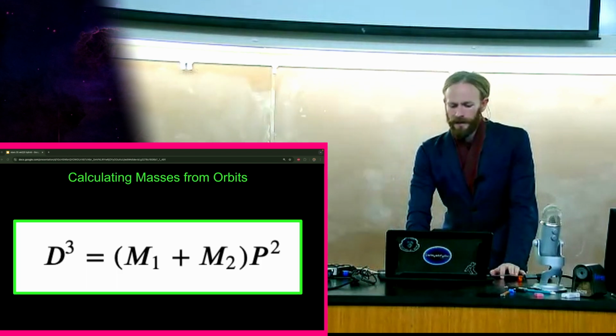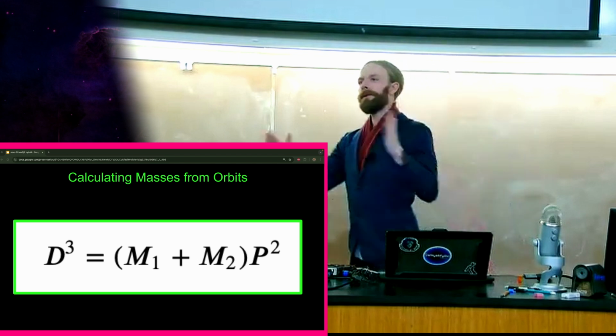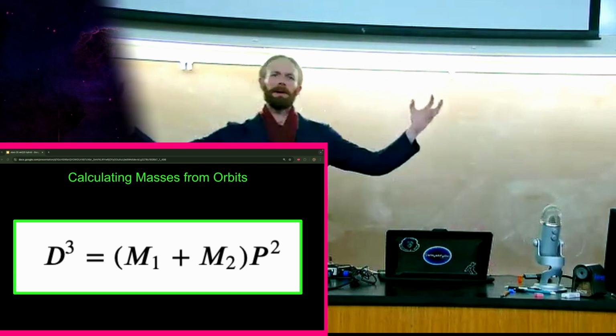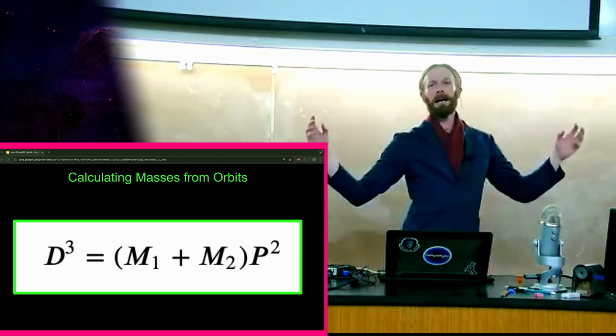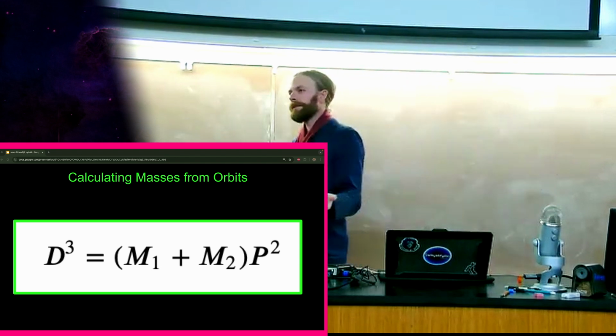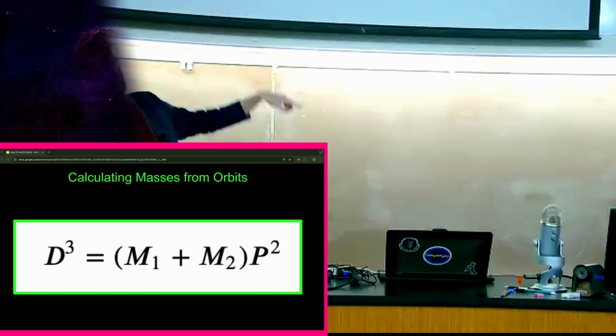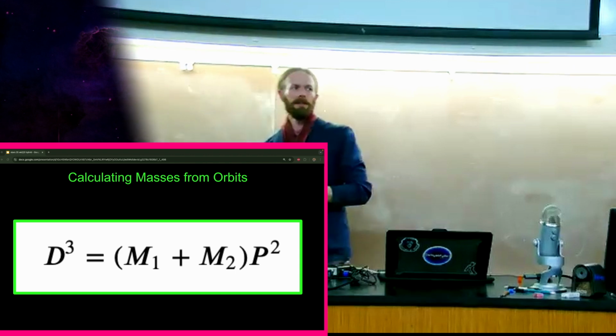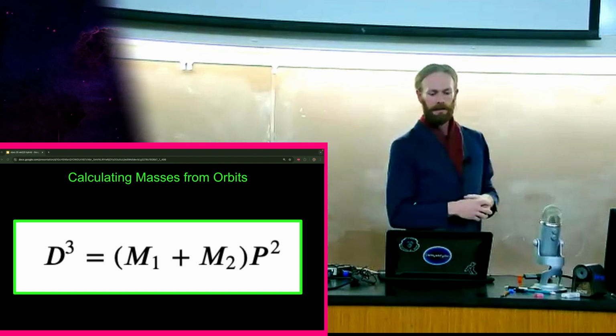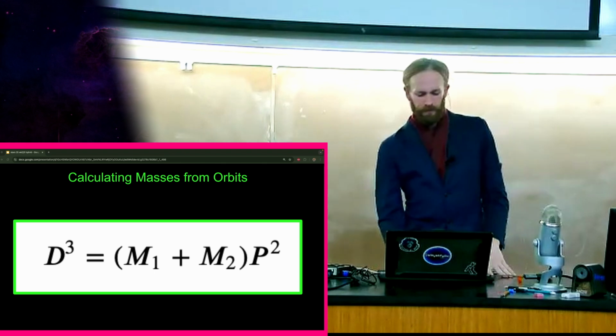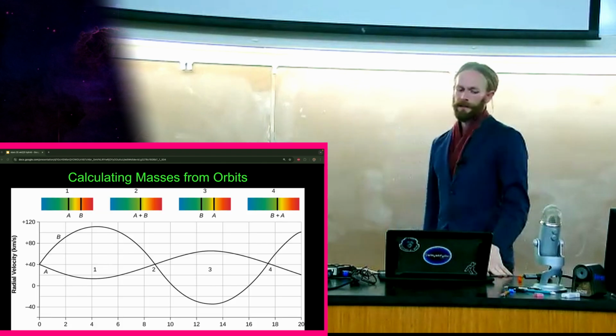Why does this matter to you guys? This matters because if we know the distance of the orbit of these binary stars, and we know how fast they move around each other, the period of their orbit, then the last variable that falls out is the mass of those stars, the combined mass of those two stars. So the way we do this is we look at the lines.